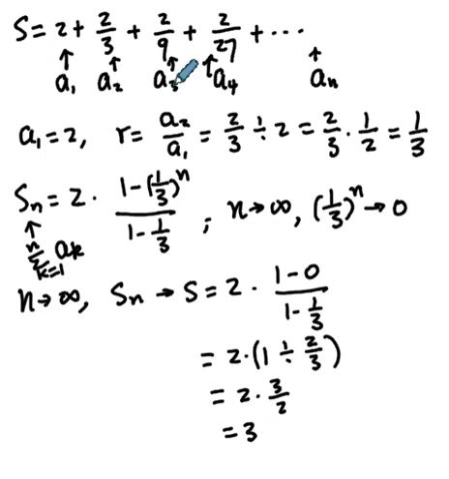So in this case, we say the sum converges. By the way, if the ratio r is greater than 1, you won't get this conclusion.